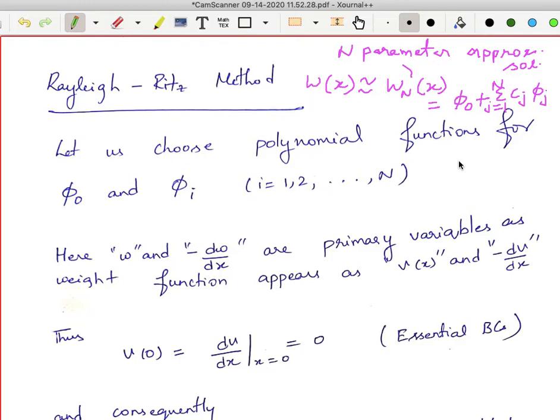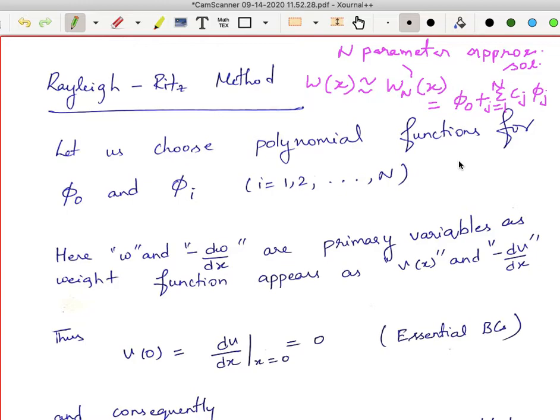Now in the Ritz method, phi naught should satisfy which kind of boundary conditions? Phi naught must satisfy essential boundary conditions and phi j must satisfy the homogeneous form of essential boundary conditions.